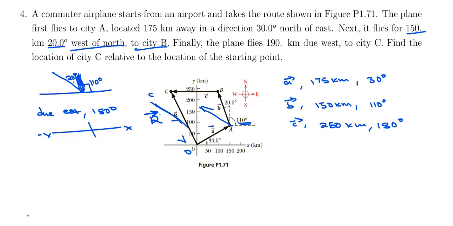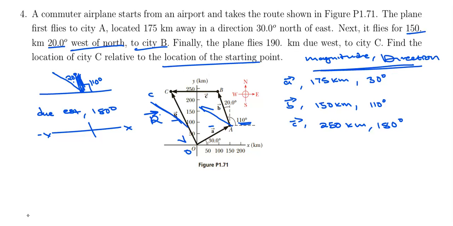So now to start answering, because what we have been asked is to find the location, we are going to find the magnitude and also the direction. We are going to achieve this by writing a table.